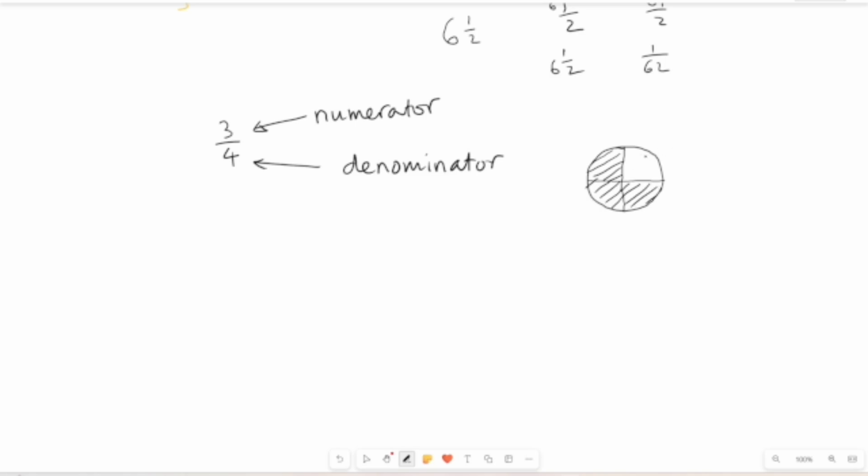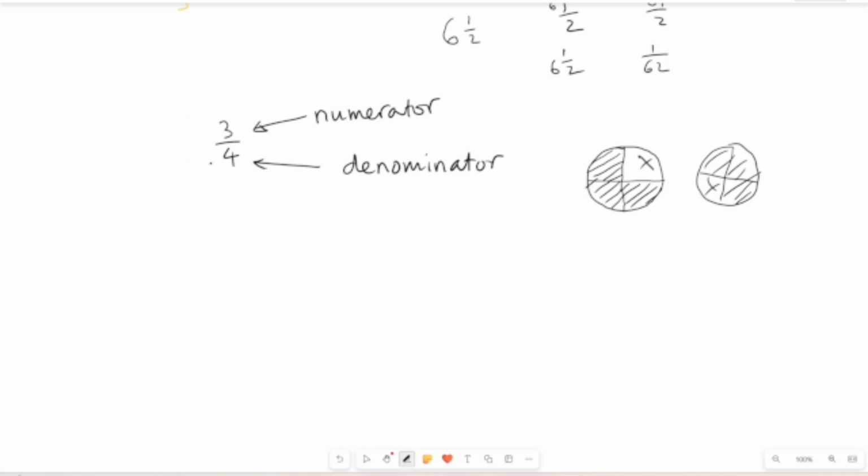So we forget about this piece because it's not one of the 3. Of course, we could have chosen any 3 pieces. We could have chosen these ones. It doesn't make any difference. The quantity is still the same. So 3/4 means we've got this much of one whole one. That's what we're dealing with.